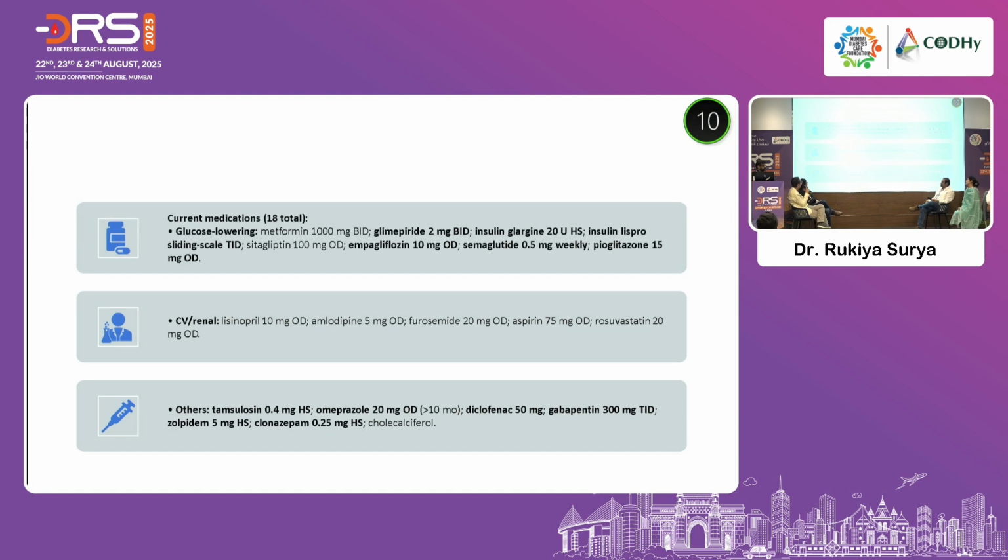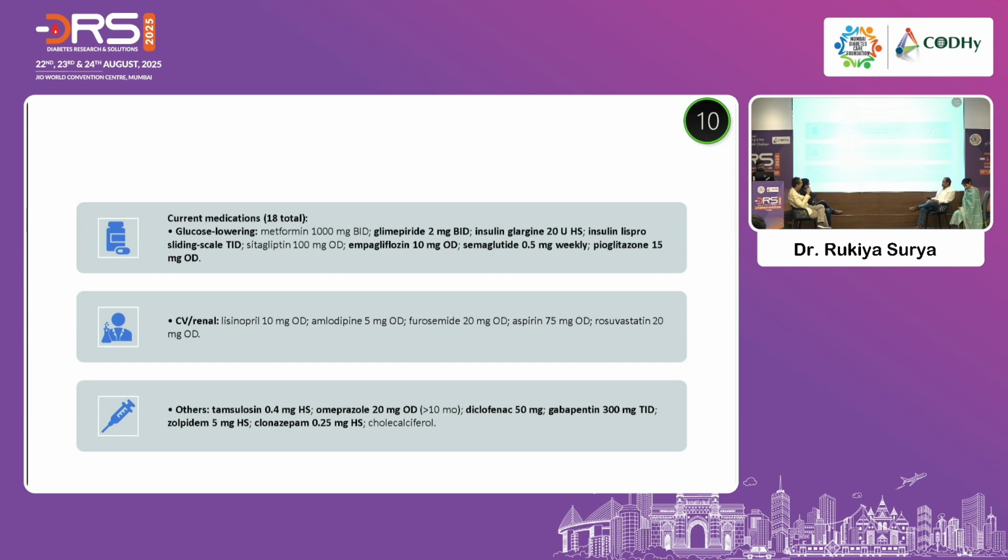So most of all the OHAs are there along with insulin. Then for his hypertension and prior NSTEMI, he has lisinopril 10 mg, amlodipine, furosemide, aspirin along with rosuvastatin for atherosclerotic cardiovascular disease. And for BPH, he has tamsulosin.